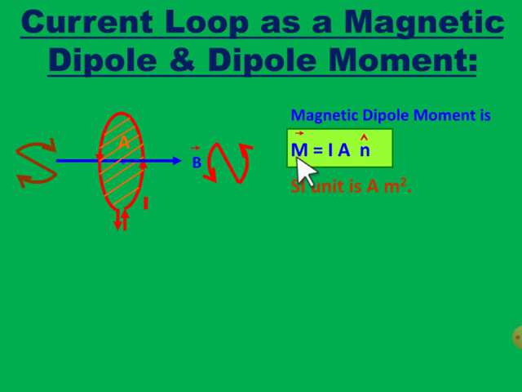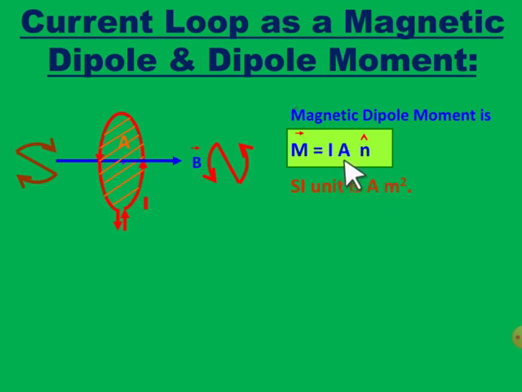If it is a vector quantity, then it will have its magnitude as well as direction, right? So the magnitude of this magnetic dipole moment will be equal to the product of the current flowing through that circular coil and the area of the circular coil. That will give you the magnitude part.